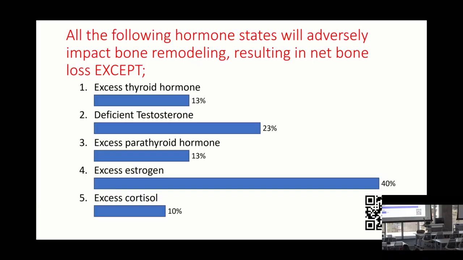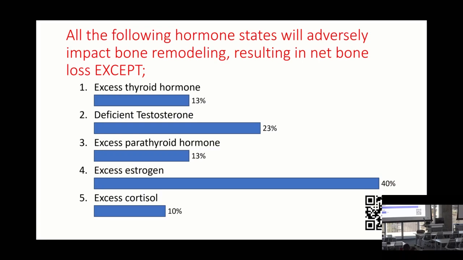And then excess cortisol, obviously, in patients with Cushing's, one of the clinical effects of excess cortisol is bone loss. So it does have a negative effect, increased osteoclast activity versus osteoblast activity. So these are the reasons for each of these, and you should at least know which hormones have effect on the bone.